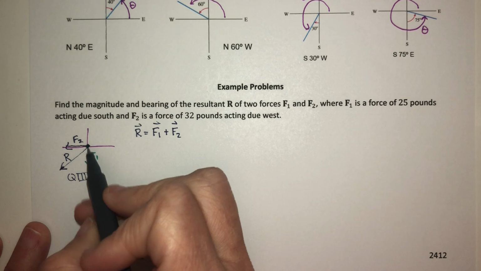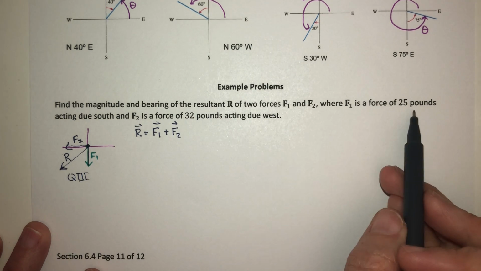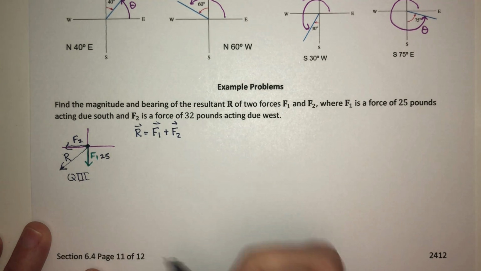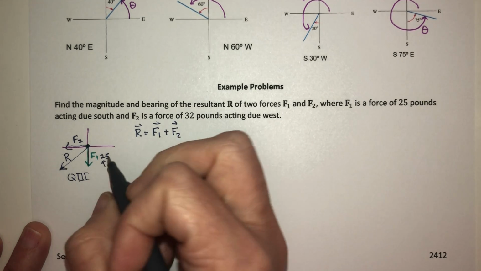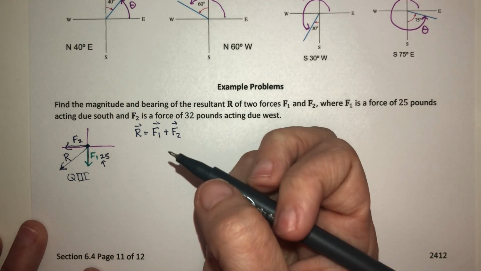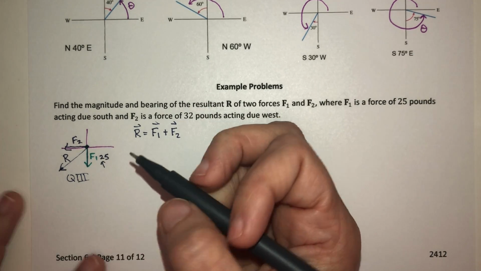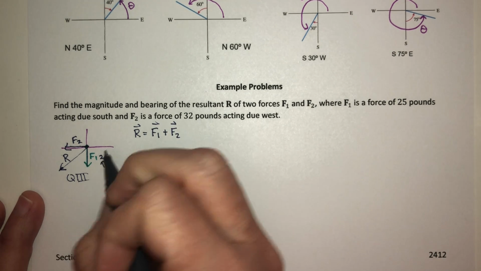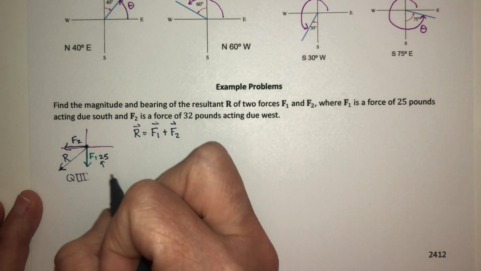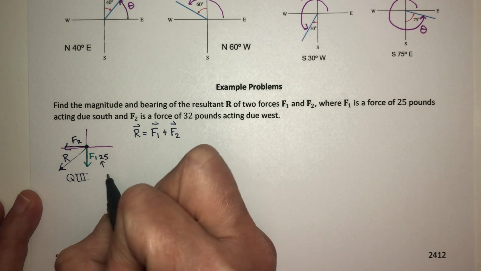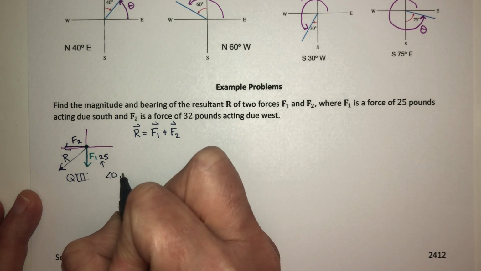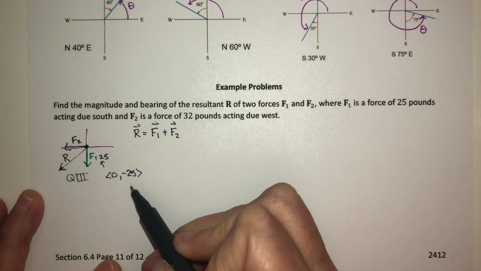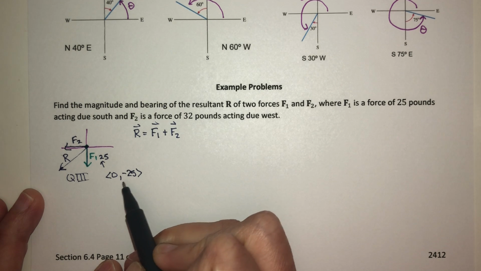Okay, well, F1 is a force of 25 pounds and going due south, so this is going to be 0, negative 25. So it's going down 25, it's going down, so that's why I have the negative here.